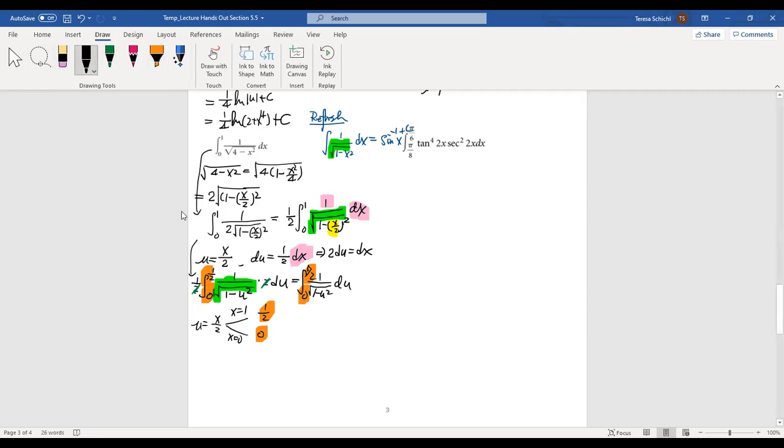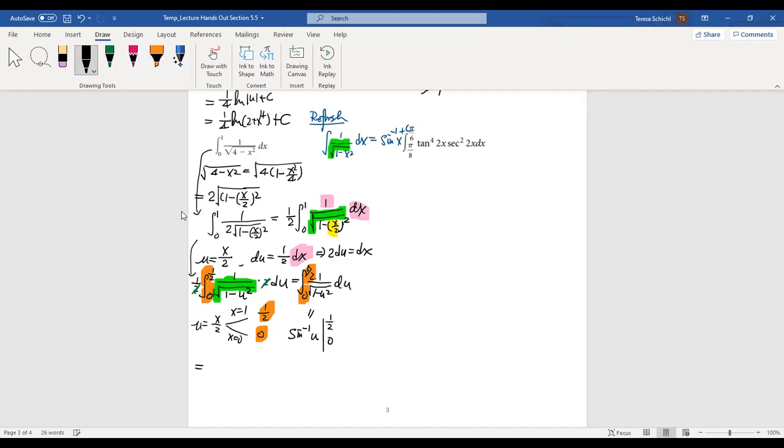Okay, so after this one, and hey, this one is good. I can apply the arcsine formula. So what is the answer here? This will be arcsine u. And since I already transferred the bound, I can just put 1/2 over 0.